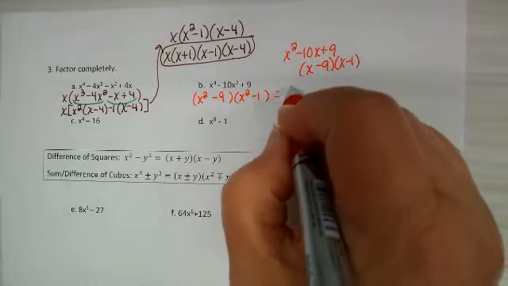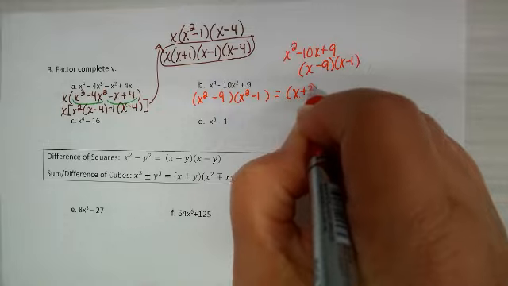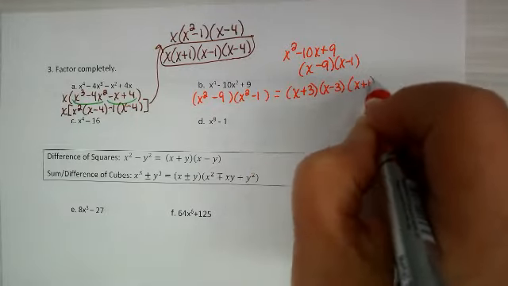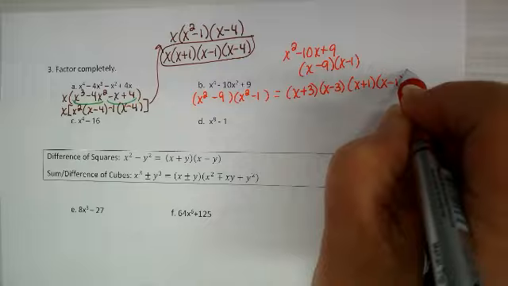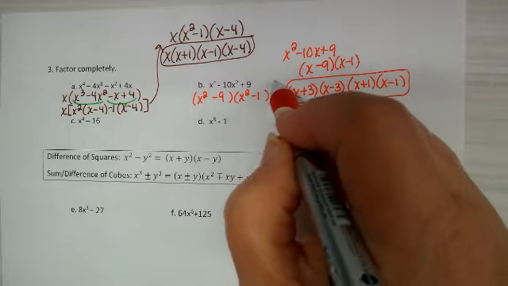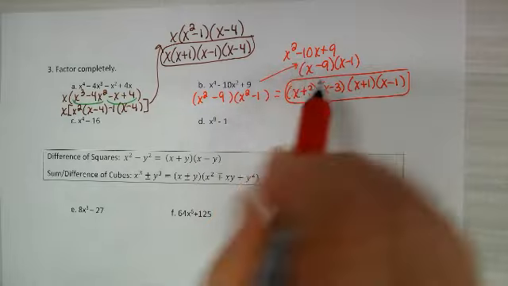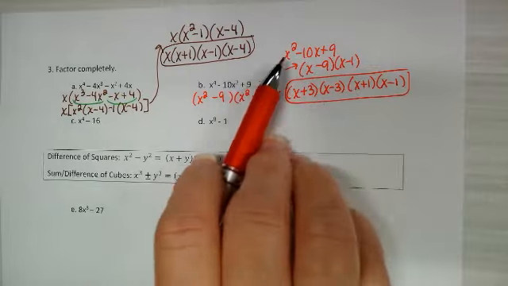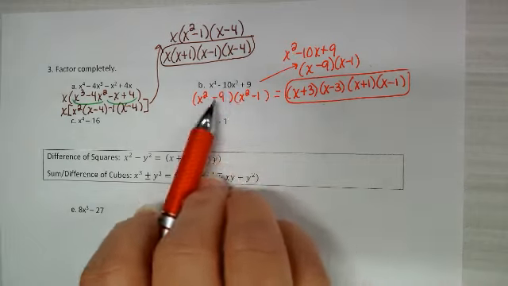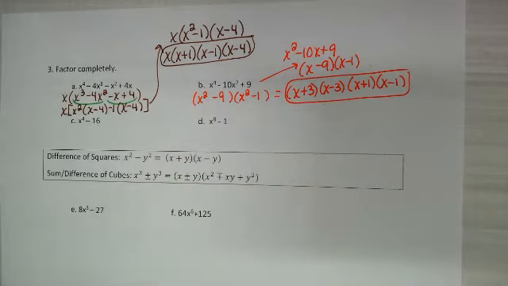So we're going to break it down further. It's going to be x plus 3, x minus 3, x plus 1, x minus 1. So there was a lot to do there, but we just drew a similarity to something we already know. The difference is it wasn't x squared, it was x to the 4th. So we just broke it down, just split it in half, x squared, x squared.